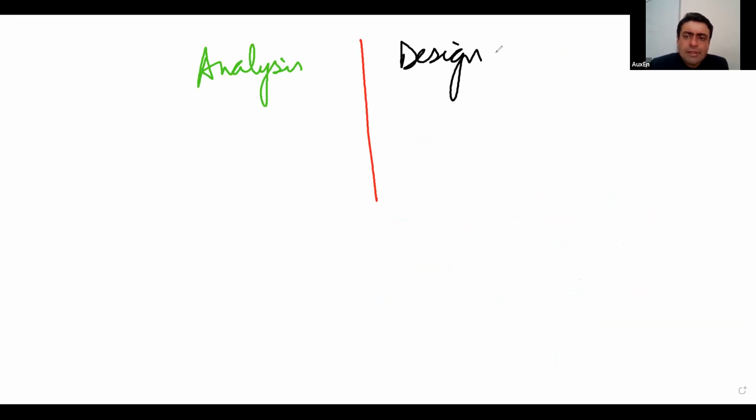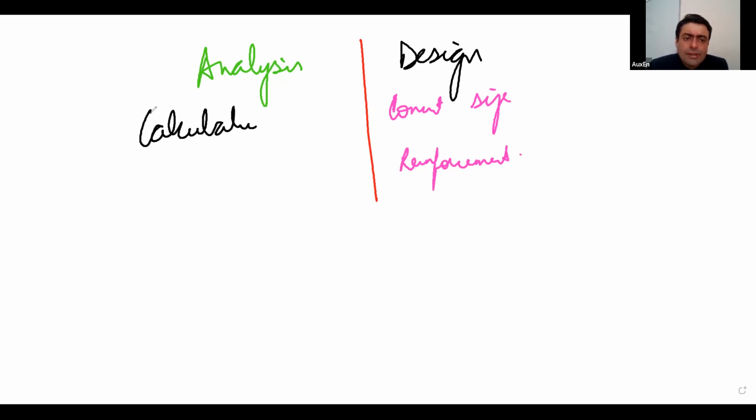Design means finding out the concrete size and finalizing the reinforcement. This is what I mean by design. And analysis means calculation of various design actions.